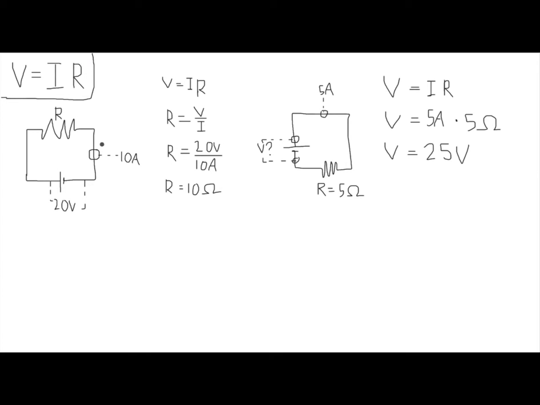So now that we had some practice with circuits, let's move on to resistance rules. You may have noticed we've only used one resistor in all of these circuits. But what if we had two resistors in series? Or maybe two resistors in parallel. What would we do?